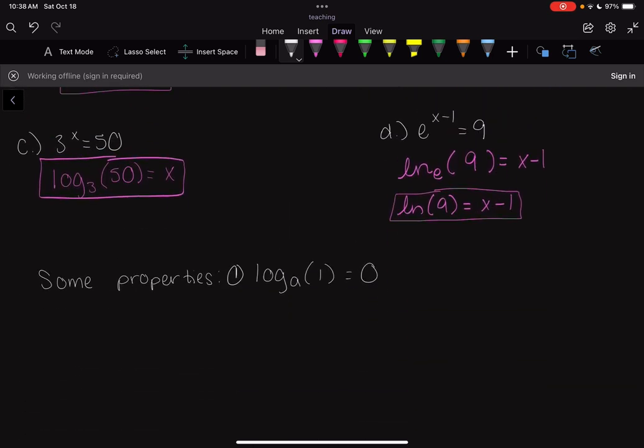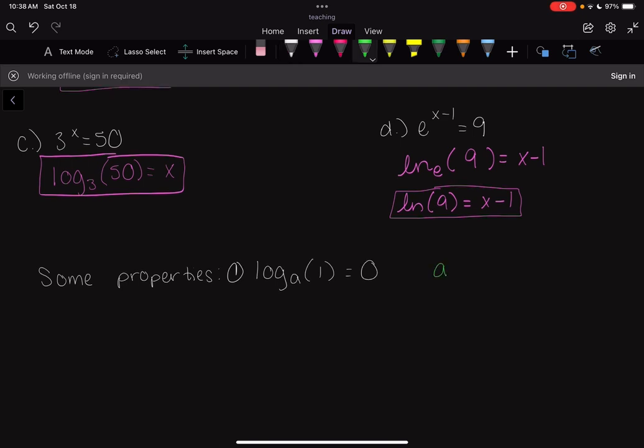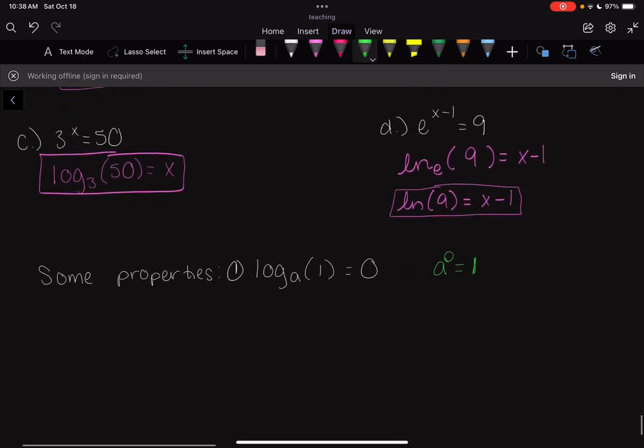Anytime 1 is in those parentheses, you're basically saying what exponent would you put on a so it becomes 1? Well, that's always going to be 0. The only exception would maybe be if a itself was 1, but we would not see that because when we did the exponential section, remember I said that a had to be greater than 0, but not equal to 1, is I believe what it said.